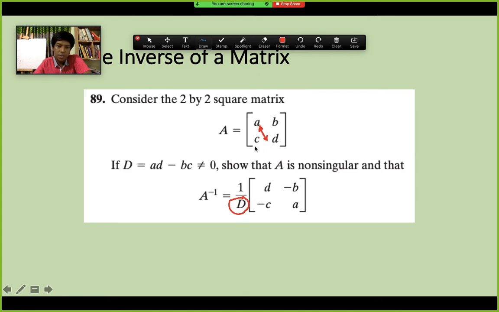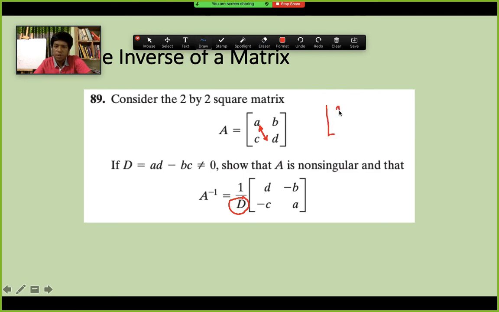So what happens in this formula? A and D get their position changed, and B and C, their position remains the same, but they take a negative sign, and this is 1 divided by AD minus BC. So by using this formula, you can find out the answer for a 2 into 2 matrix.